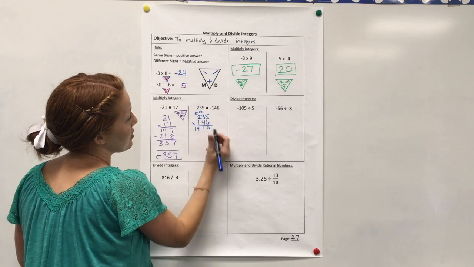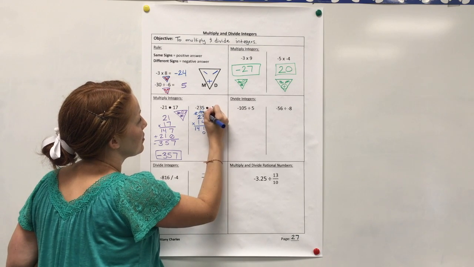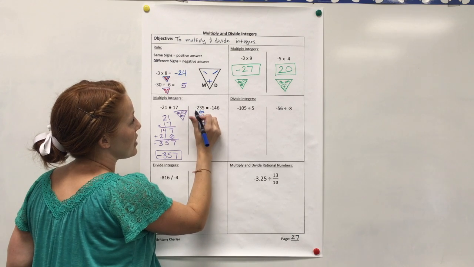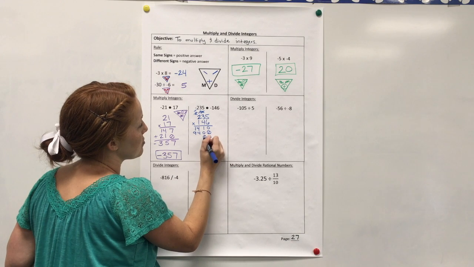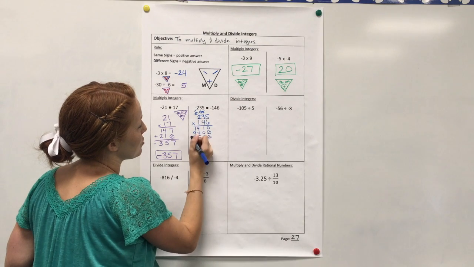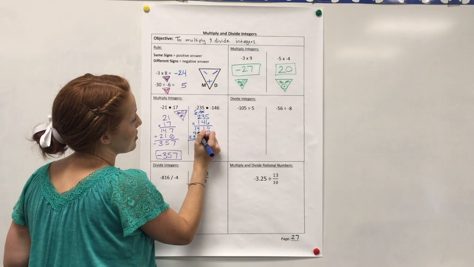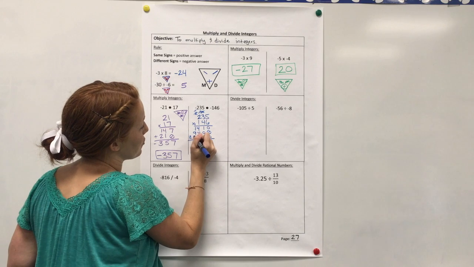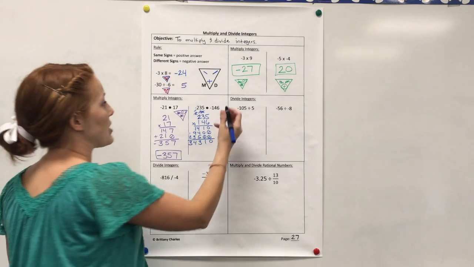Placeholder 0. 4 times 5 is 20. 4 times 3 is 12, 13, 14. 4 times 2 is 8, plus 1 is 9. 2 placeholder zeros. 1 times 5 is 5, 1 times 3 is 3, 1 times 2 is 2. Now adding it all up, that's 0, 1, 5, 6, 7, 8, 9, 10, 11, 12, 13, 14, 3.